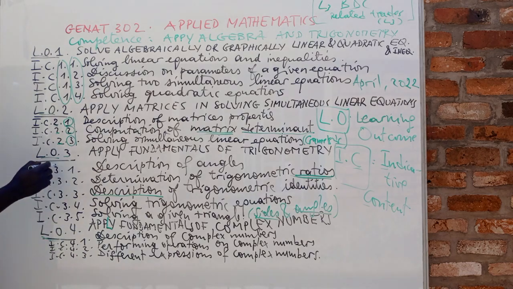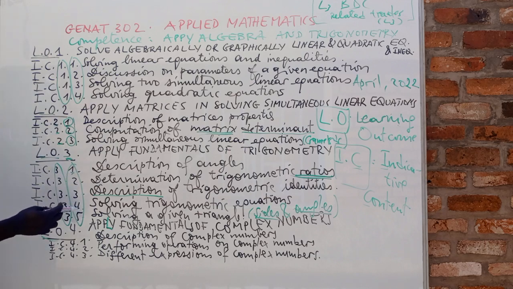This index indicates the level of the learning outcome, level 3, and this index indicates the level of content, at level 1, 2, 3, 4, 5.